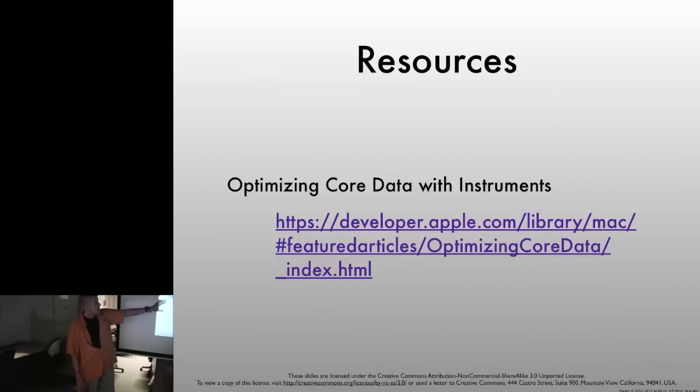There's a document for optimizing core data using instruments. There's a whole bunch of instruments that are built in that can monitor and measure core data performance, whether it's speed or memory. So I recommend that you take a look at that too if you're interested in using core data on a larger scale.